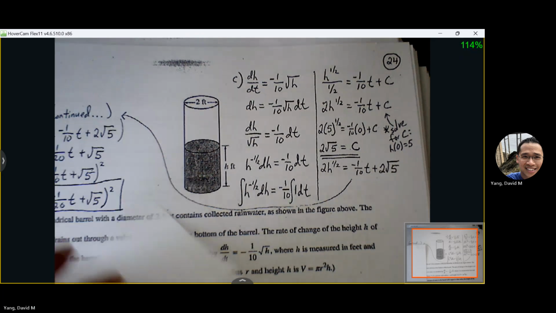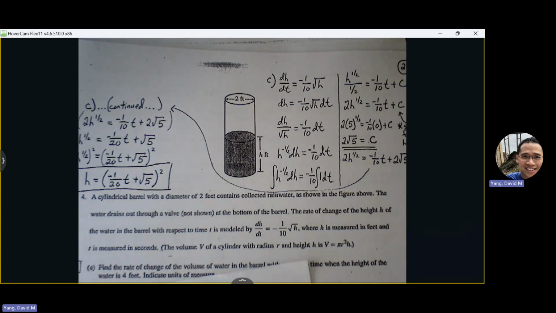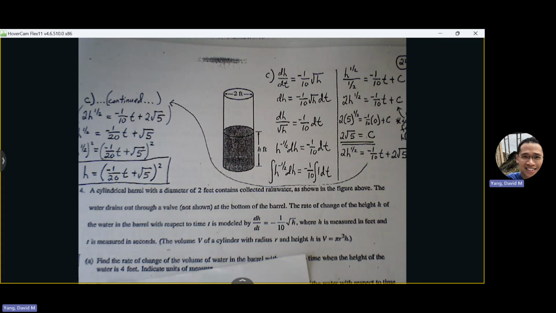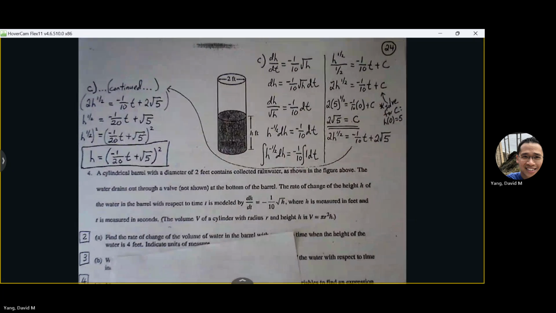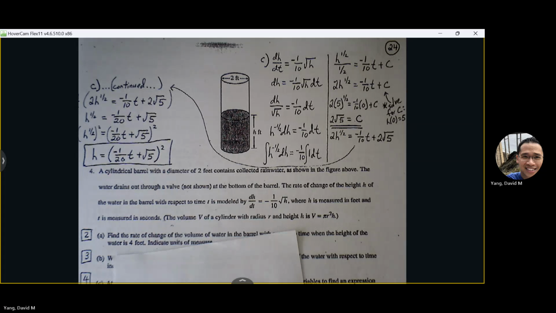But again, it's really an arbitrary decision which order you want to solve for h and c. So I solved for c first, and then I went through and took the steps to get h by itself.